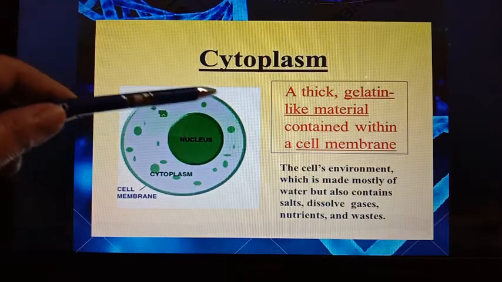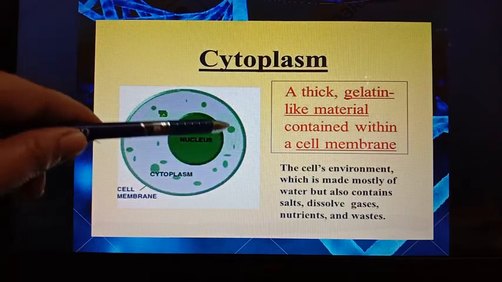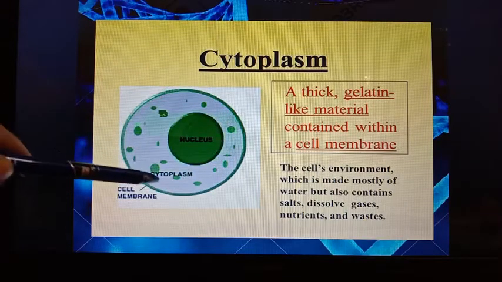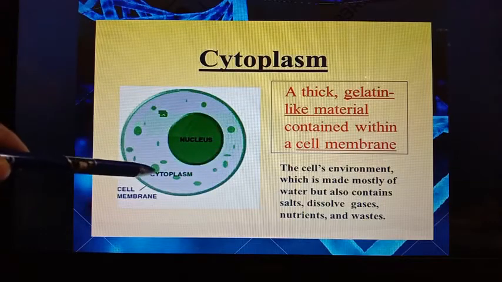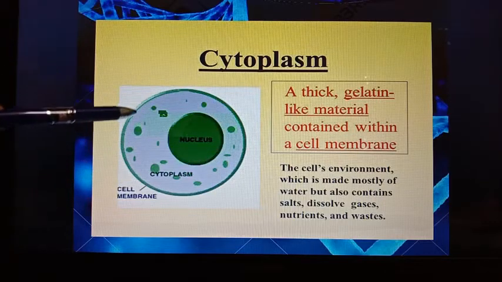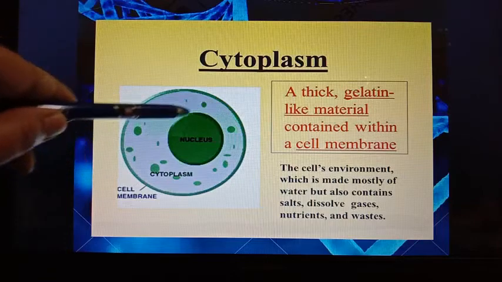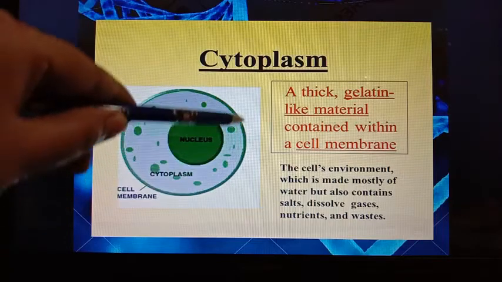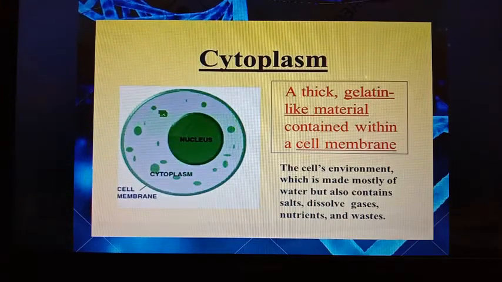In the diagram you can see this is the cytoplasm, the ground substance of the cell that is present in between the nucleus membrane and the cell membrane. It is mainly composed of water, salts, proteins and fats. Around 90% of the cytoplasm is made up of water.